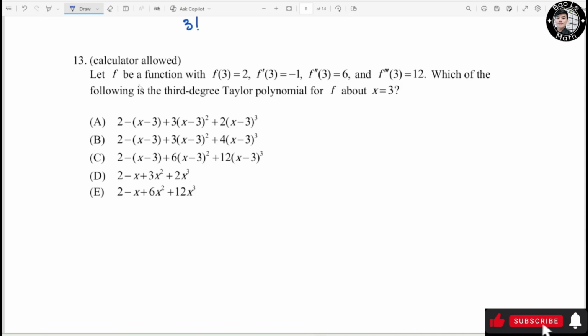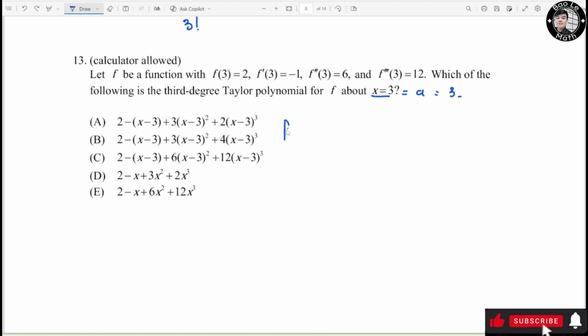Question 13. Let f be the function with f of 3 equal to 2, f prime of 3 equals -1, f double prime of 3 equals 6, and f triple prime of 3 equals 12. Which of the following is the third degree Taylor polynomial for the function f about s equals 3? So the center a equals 3, right?